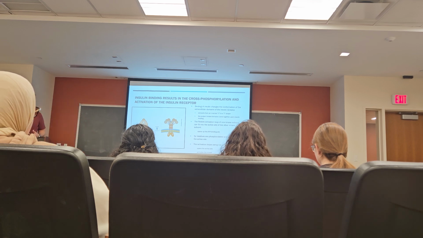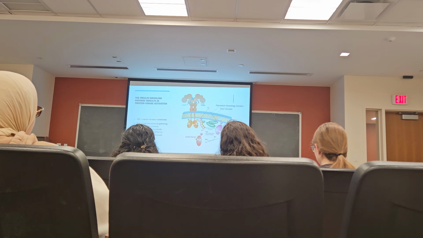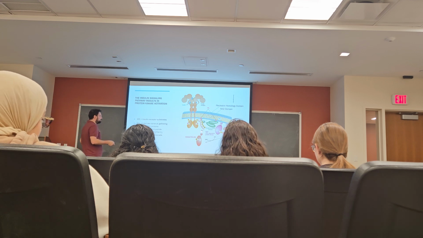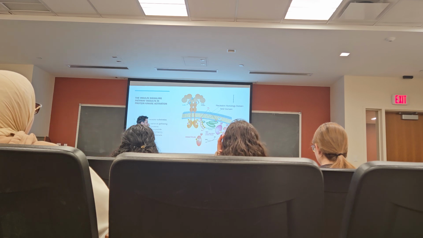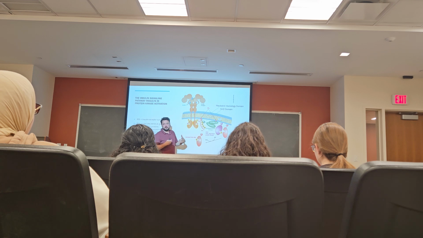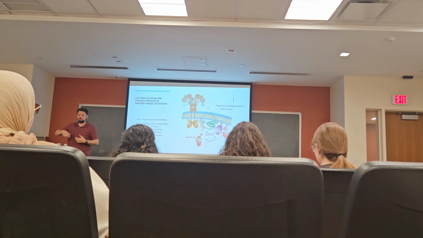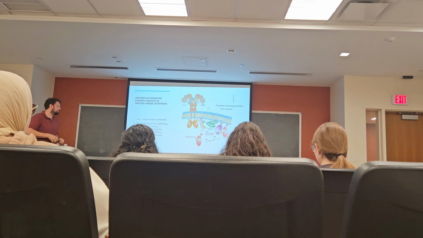Now we have something that initiates our signaling cascade, because these phosphorylated tyrosine residues that we can see here are going to be recognized by IRSs, insulin receptor substrates. For example, the first, IRS1, contains what we call an SH2 domain. An SH2 domain is simply something that recognizes a phosphotyrosine. So when you see an SH2 domain, you just know that it recognizes a phosphotyrosine.